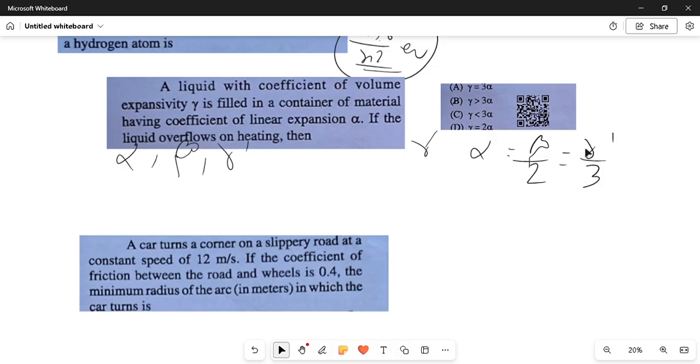So from this equation we can say that the volume expansion of the solid material, gamma prime, is equal to 3 alpha, three times the linear expansion of the solid material.